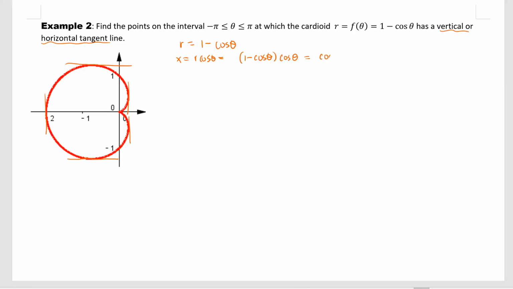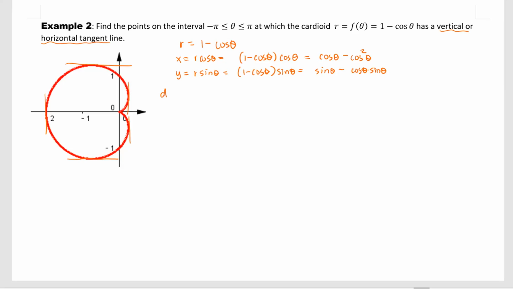Then we have cosine theta minus cosine theta squared. Okay, so that is the x. For the y, it is r sine theta, so we have 1 minus cosine theta times sine theta. When we distribute it, we have sine theta minus cosine theta times sine theta. So far, so good, everybody?